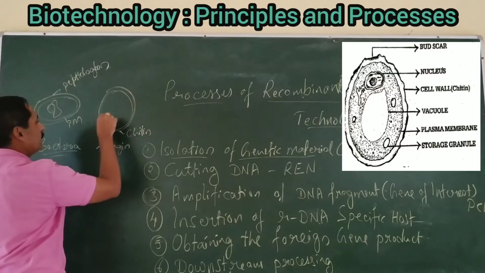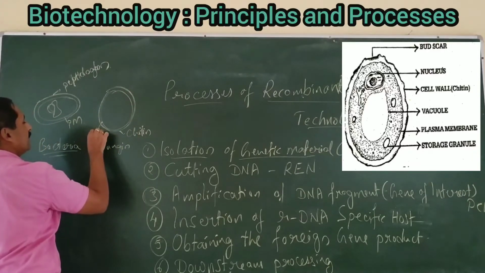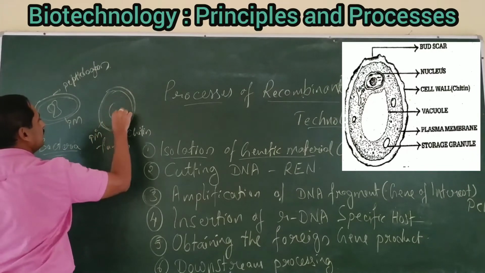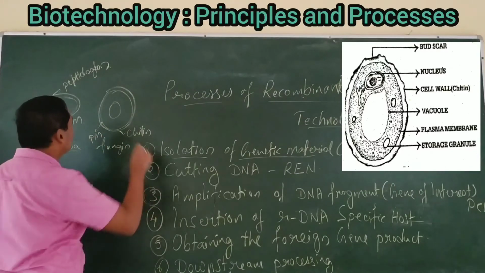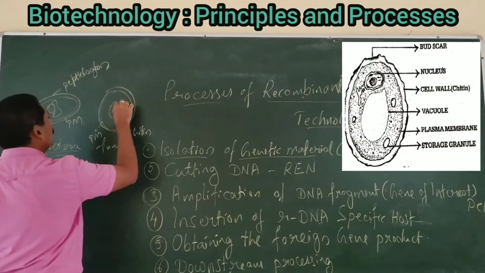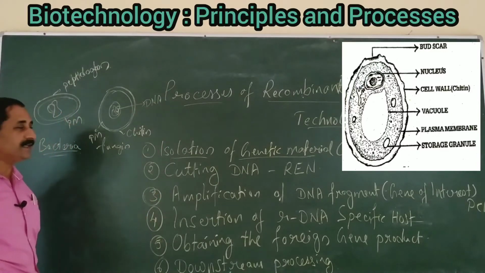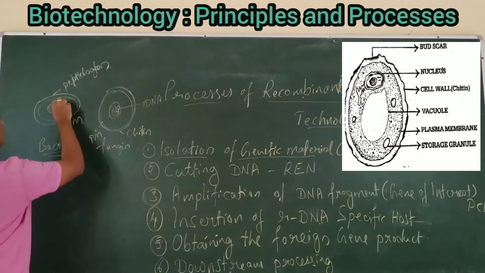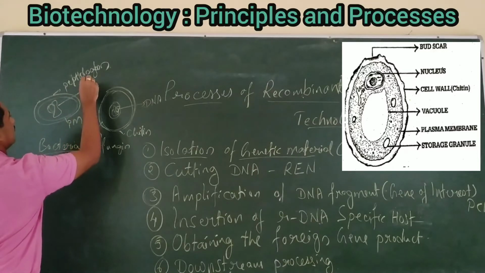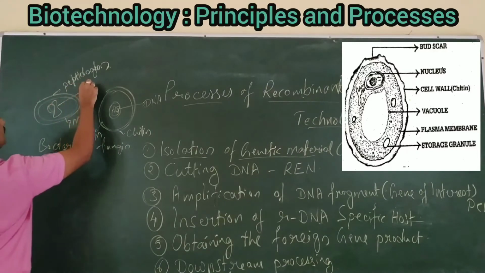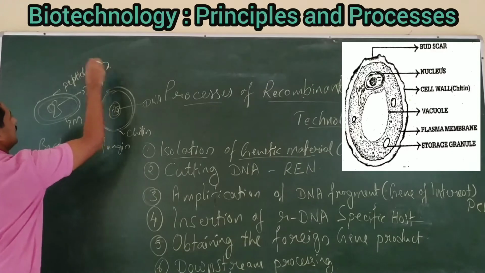It also consists of a plasma membrane. The inner membrane is the plasma membrane. We can see a definite nucleus. A nuclear membrane is present. Within the nuclear membrane we can see the DNA, but the nucleoid is the region in bacteria that consists of DNA.